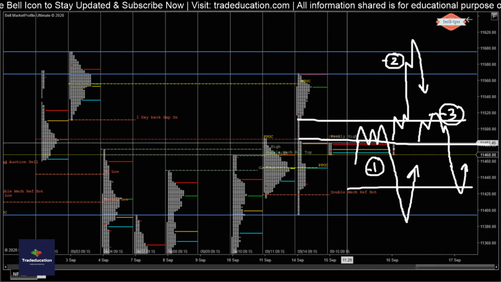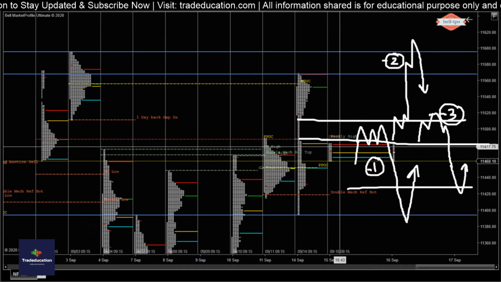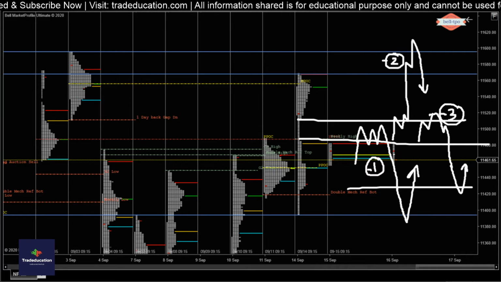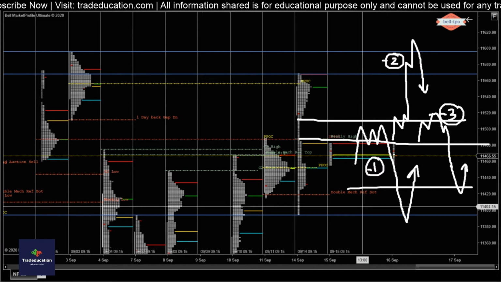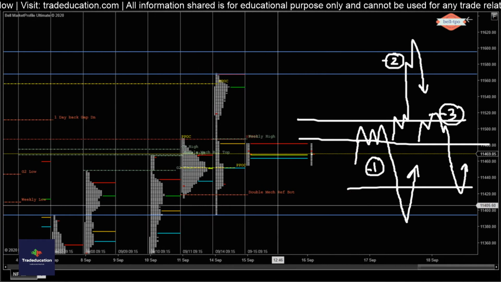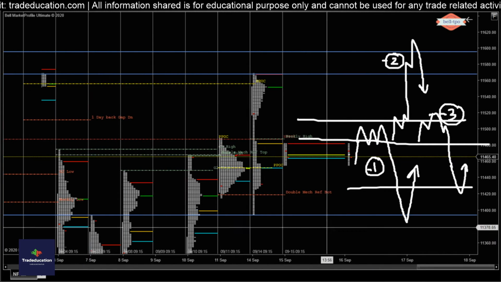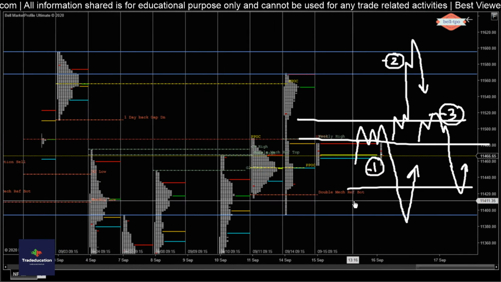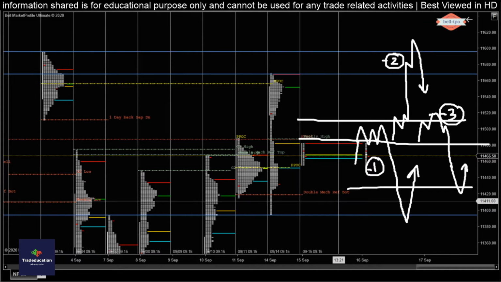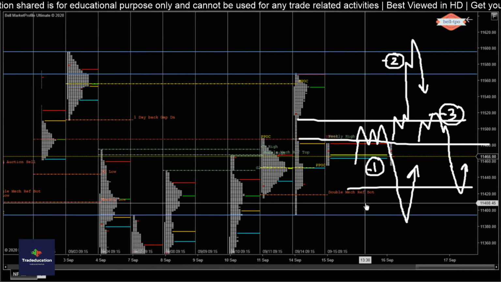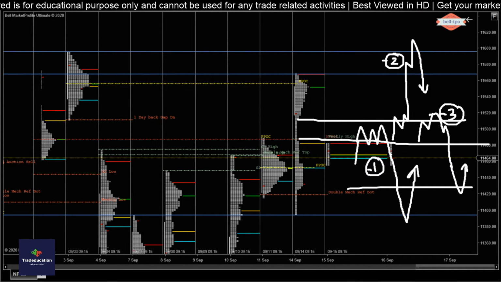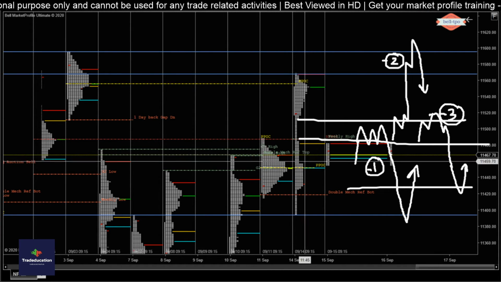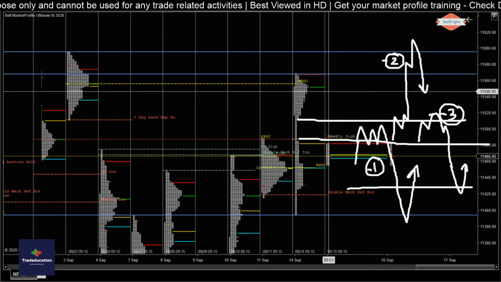Okay, so the auction is open around the single print zone. It's trying to go lower. So we have a balance here and we have got one more balance here.